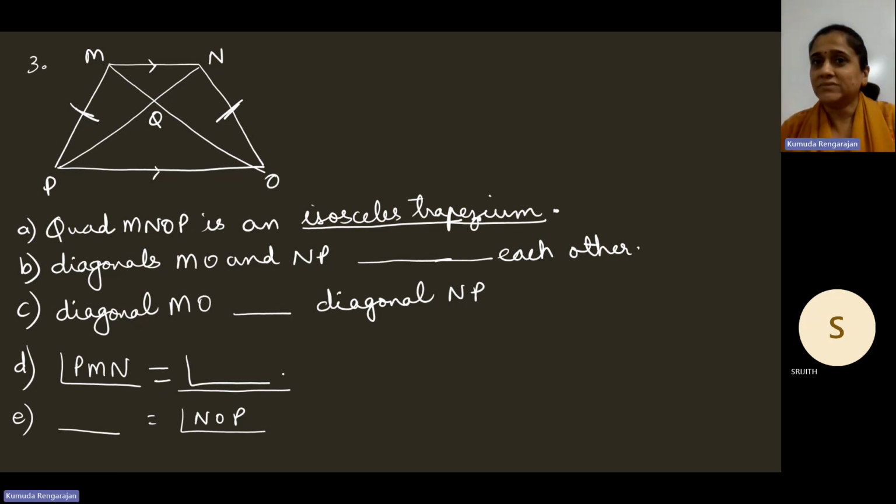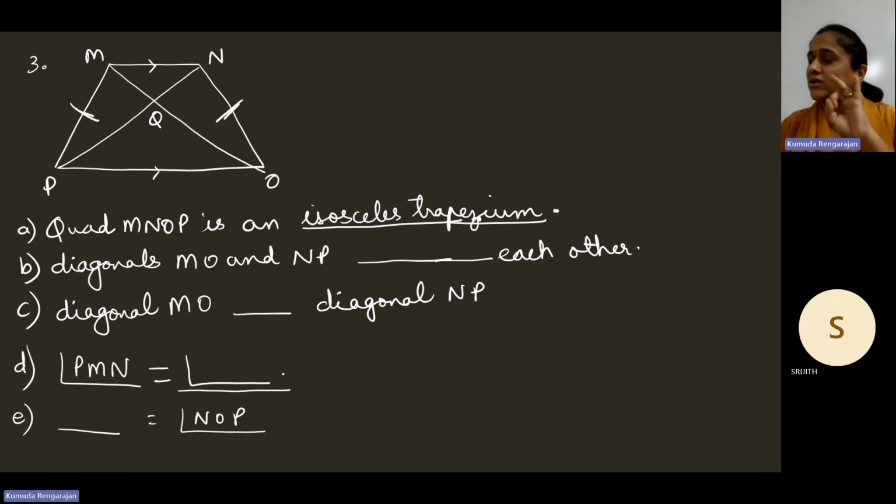In a trapezium, the diagonals do not bisect each other, whether it is a scalene trapezium, isosceles trapezium, or a right trapezium. But in a kite, the longer diagonal bisects the shorter diagonal. And in a parallelogram, rhombus, rectangle, square, the diagonals bisect each other. So we have kite, trapezium, then parallelogram, rhombus, rectangle, square.